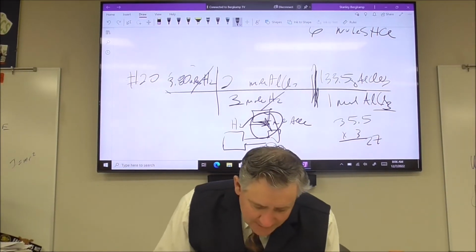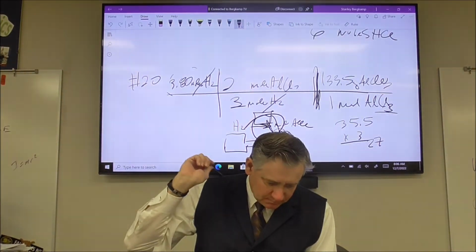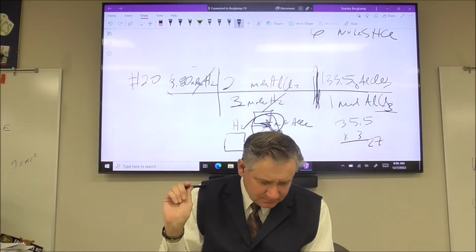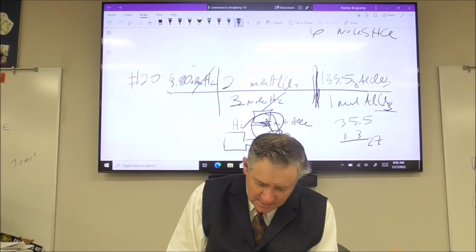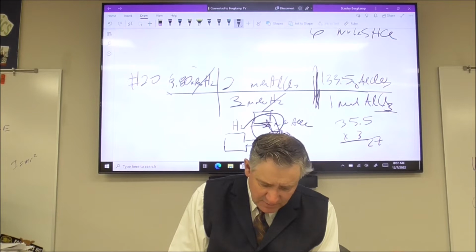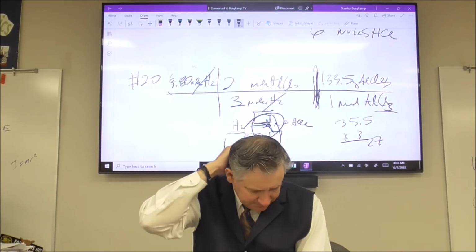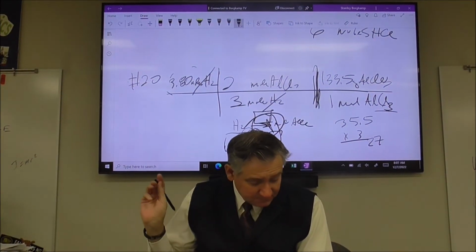Your answer to number 18 should start with an 8. Your answer to number 19 should be something around the square root of 4. Your answer to number 12 should also be something around the square root of 4.